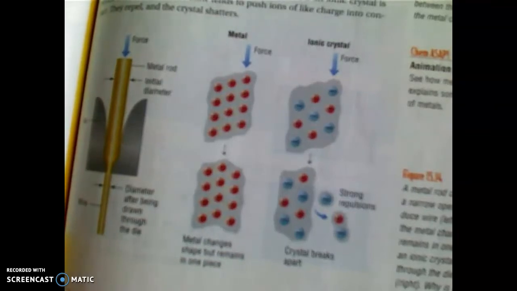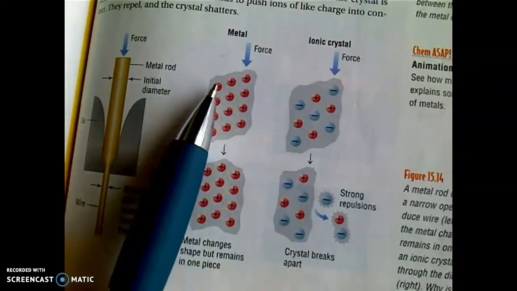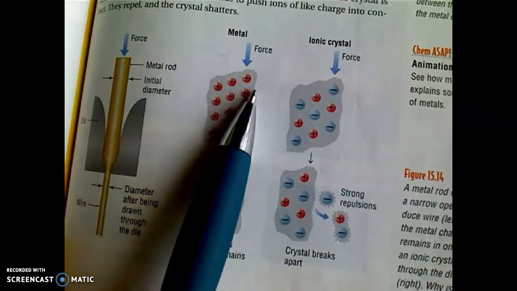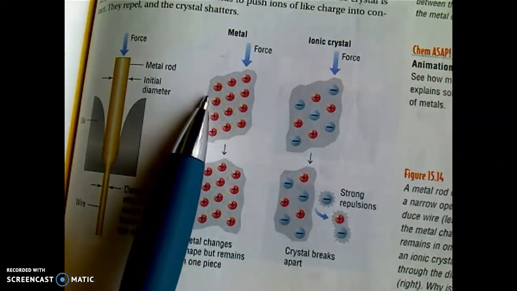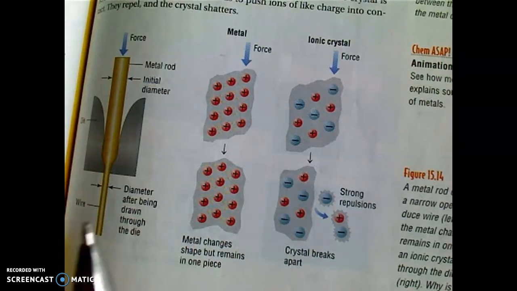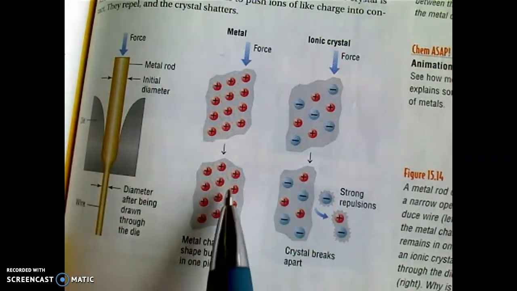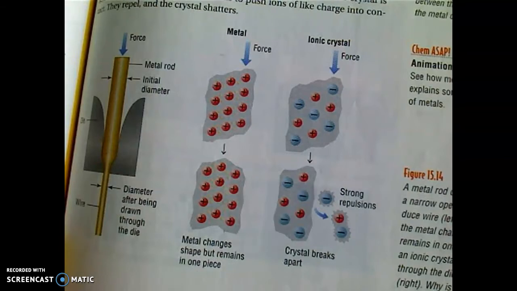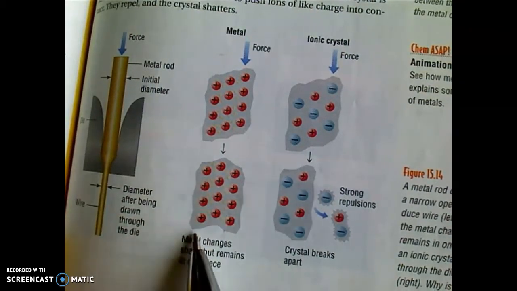Let me get it focused here for us. All right, so this is your metal. You've got your positive ions, your positive metal ions, and those little yellow dots, if you can see those, are your electrons that are free to move around. Now, you can hit these, and the metal changes shape, but it still remains in one piece.